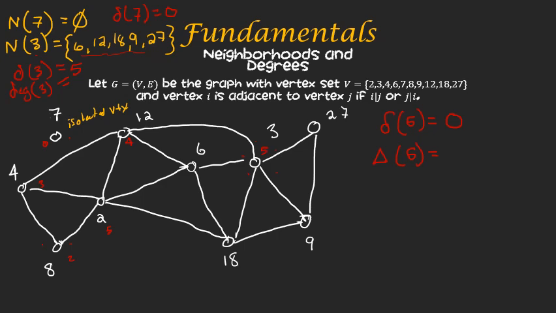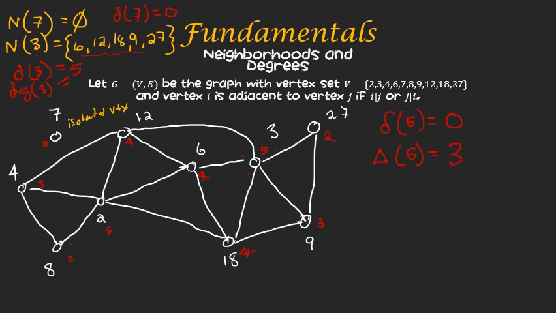For 3, we already counted that one. Then 4, 4, 3, 2. So we've just looked at the degree of every single vertex in this graph. And if we pick out the biggest one, vertex 2 and vertex 3 both have degree 5, so that's the maximum degree. So big Delta of G here is 5.